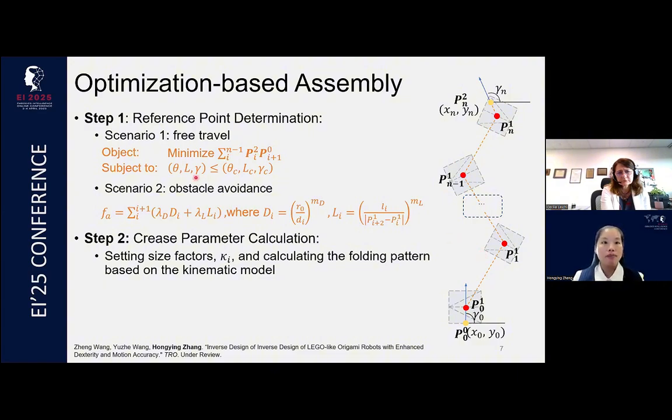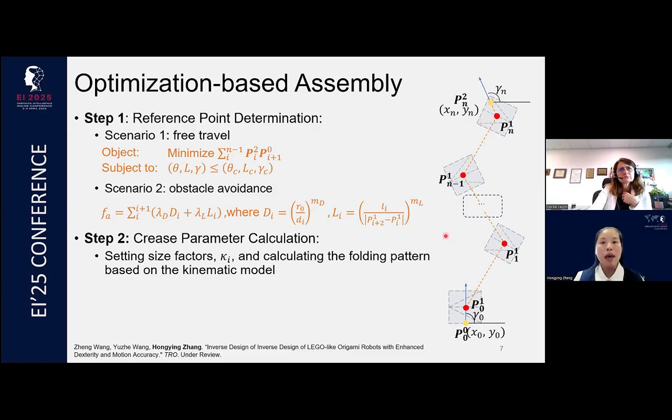For this optimization problem, we try to minimize the length between the starting point and the end point. If there are obstacles somewhere inside this configuration, we can simply add another parameter into the optimization goal. After we solve the first-step optimization, we determine all the reference points.